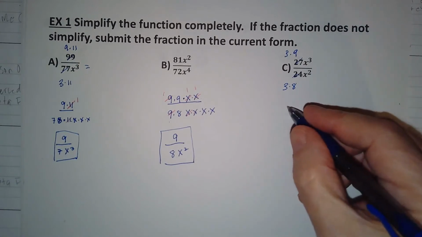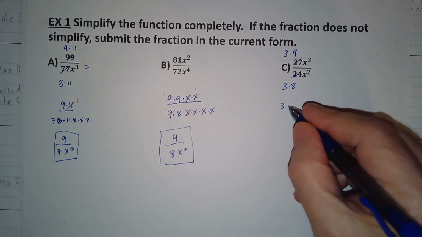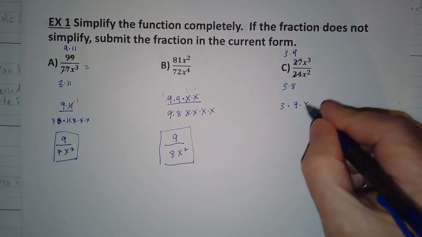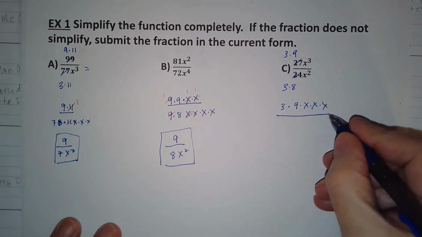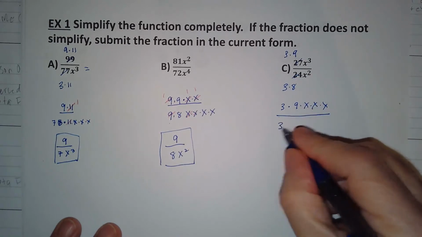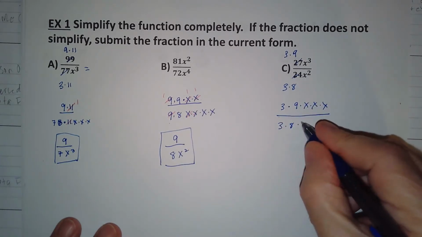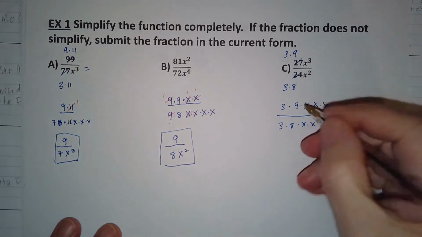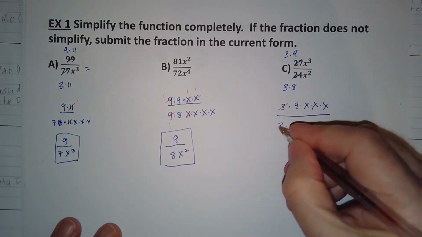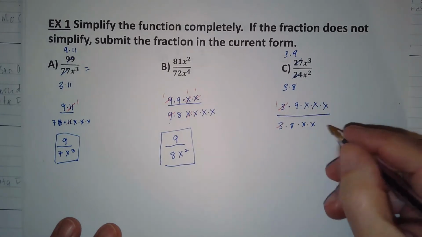So we can rewrite this as 3 times 9 times x times x times x for the numerator, and the denominator 3 times 8 times x times x. And so we'll do the same thing we did before. The 3 divided by 3, that becomes 1.